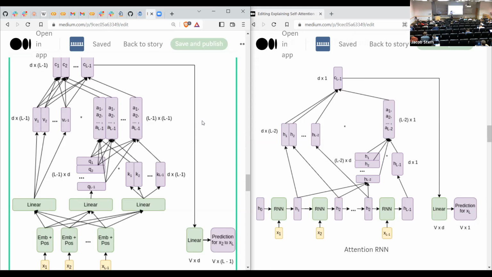How many attention layers can you stack on top of each other? The answer is you can only do one because you're taking a sequence of length L-1 and producing a context vector of length 1. How many self-attention layers can you stack on top of each other?